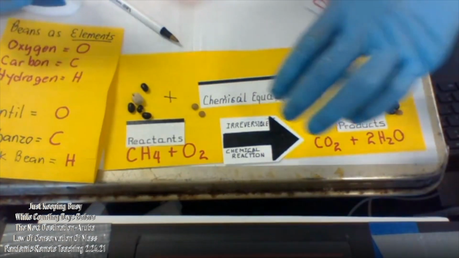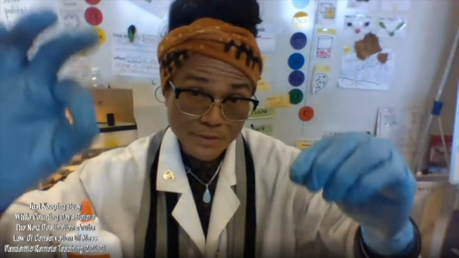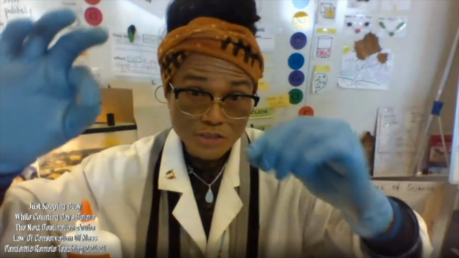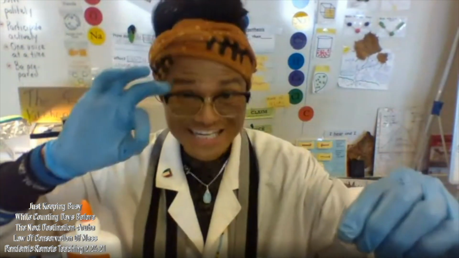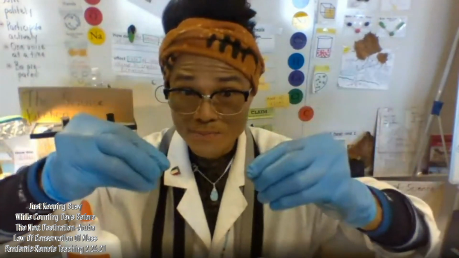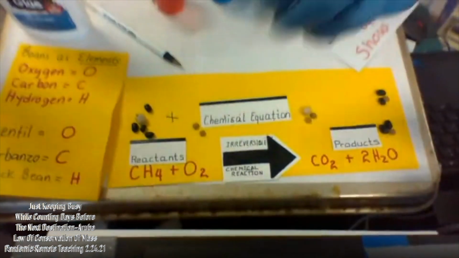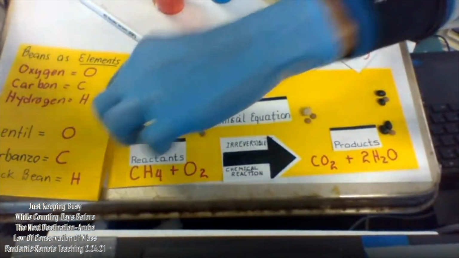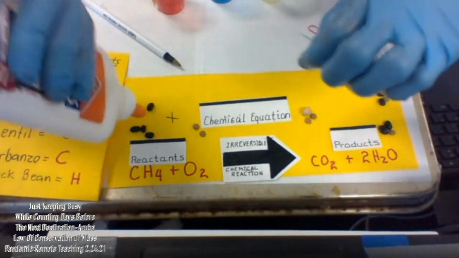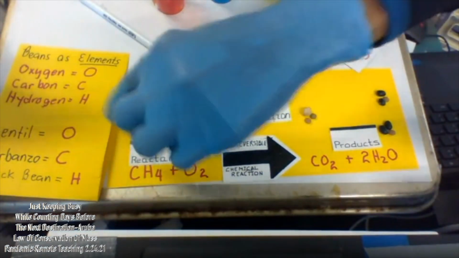All right, now, of course, I will need to put a bit of glue for each seed to keep them in place. So this is for my garbanzo. That's for garbanzo.